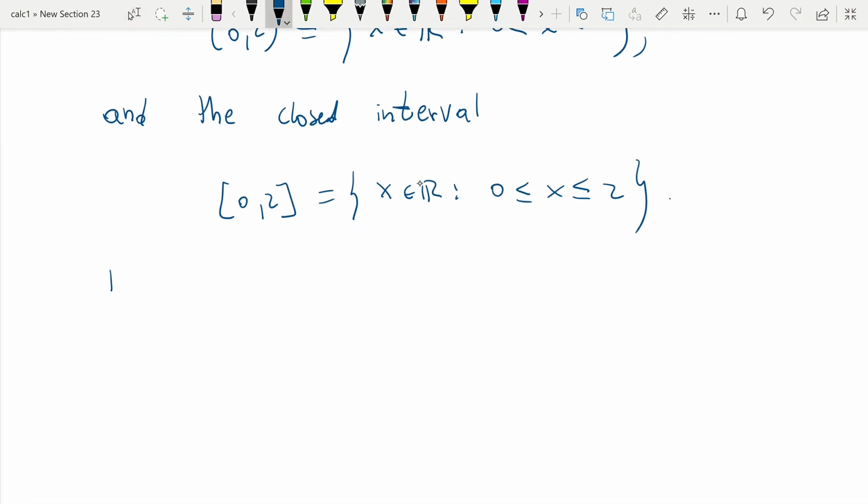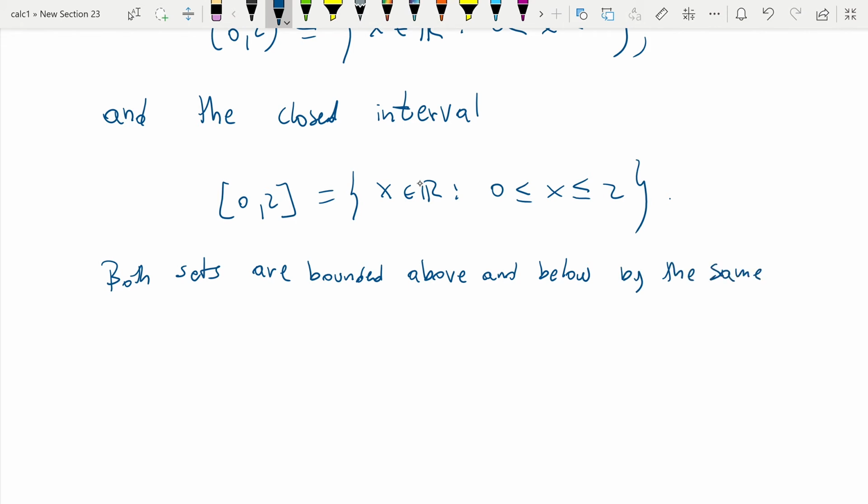So first of all, let's notice that both sets are bounded above and below, and the important thing is by the same numbers. This is very important. The same numbers.